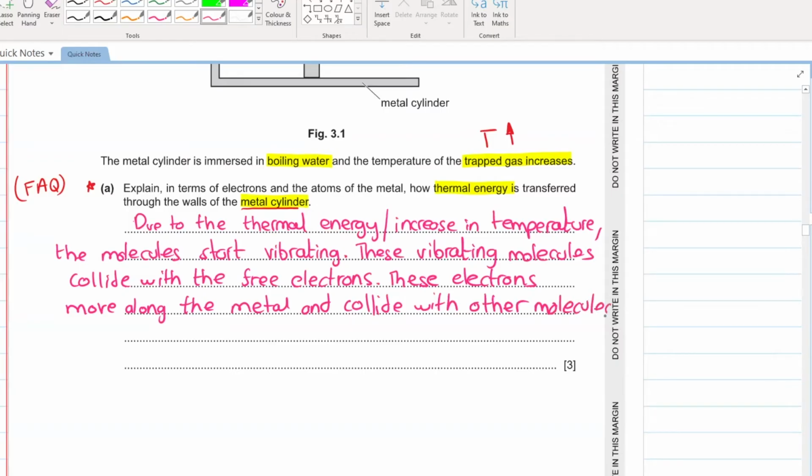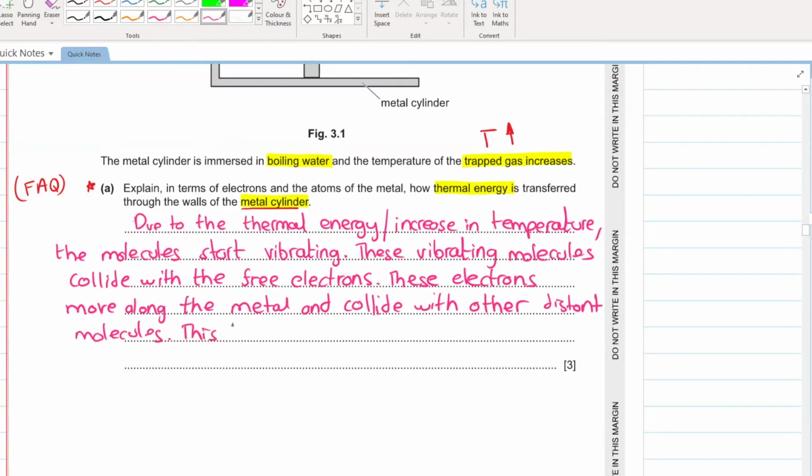These electrons move along the metal and interact with other distant molecules, or you can say atoms. You can write it as other distant molecules.